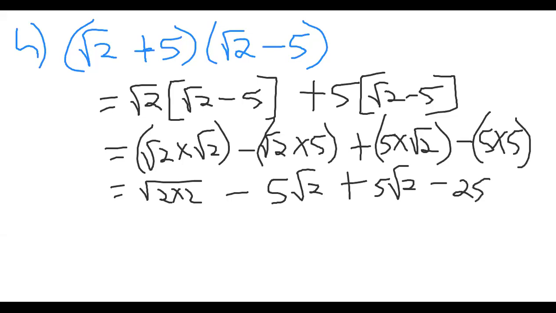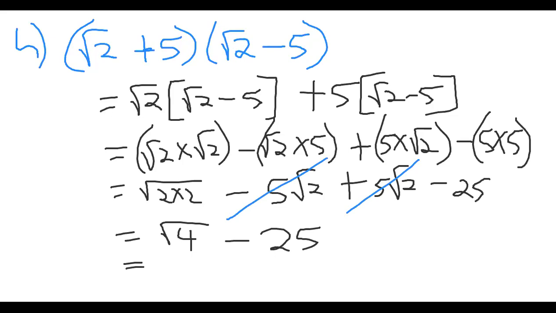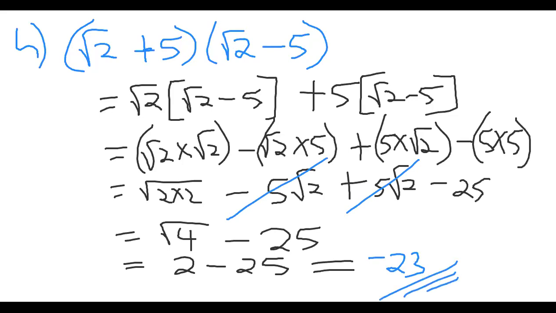From this step, the minus 5 root of 2 and the plus 5 root of 2 cancel out. We shall remain with the root of 4 minus 25. But 4 has a square root, which is 2. So 2 minus 25 gives our final answer as minus 23.